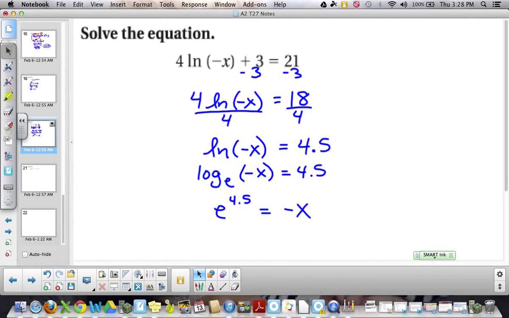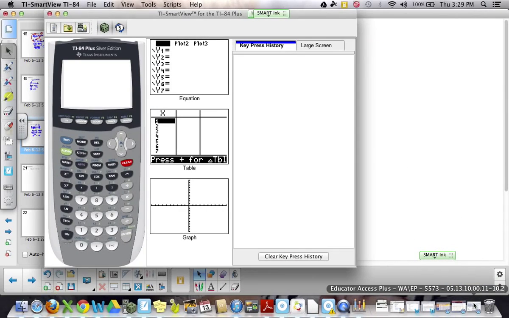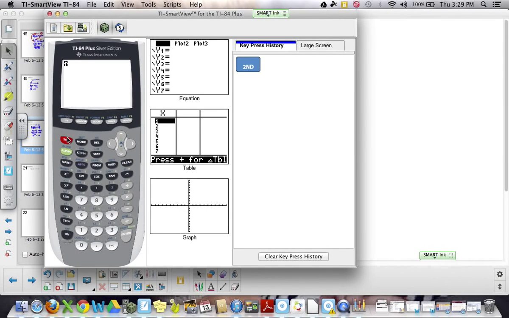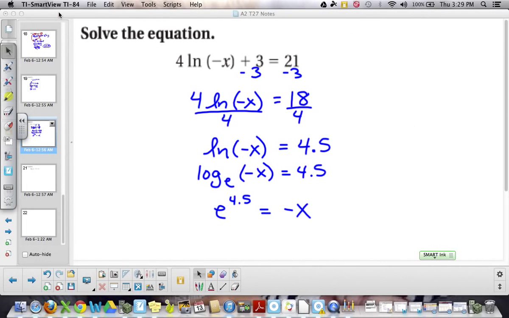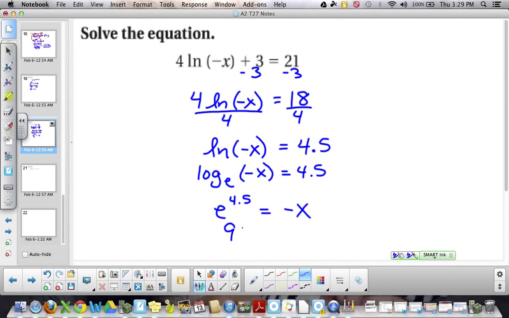If we evaluate e to the 4.5, we get approximately 90. So we have 90 is approximately equal to negative x, and then divide by negative 1 on both sides. So we get x approximately negative 90.